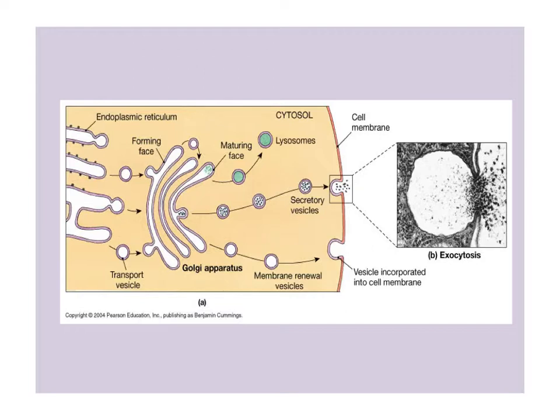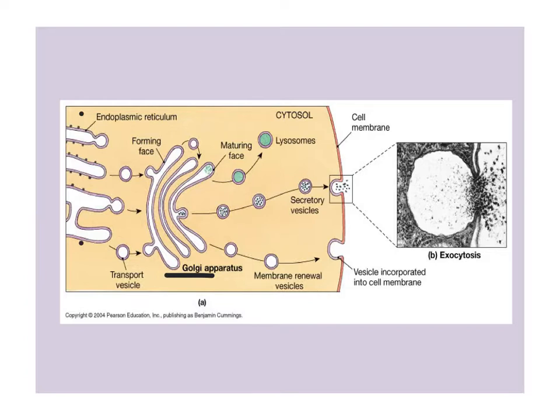This is a picture from another textbook, and I think we've already gone over this, talking about the endomembrane system. Here we have endoplasmic reticulum on the left. This is rough. You see the ribosomes on there, and so that would be producing more likely proteins. Over here we have smooth, so it would more likely be producing carbs or lipids. Then various transport vesicles are going to bring those to the Golgi body, also called Golgi apparatus, for the final packaging.